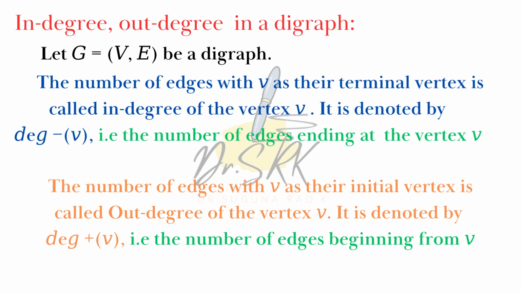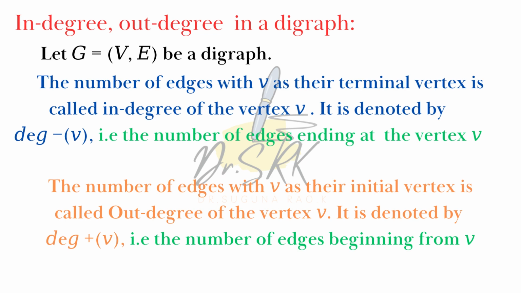The number of edges with a vertex V as terminal vertex is called the in degree of the vertex V. It is denoted by degree minus of V. Terminal means it is the ending vertex. So the number of edges ending at the vertex V is known as the in degree of the vertex V.